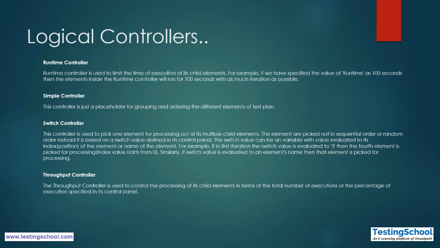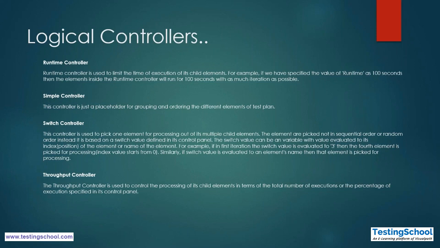Next is throughput controller. A throughput controller will be helpful if you want to achieve a certain workload model, and it will give you the power to mention the percentage of users that should be running that particular segment.